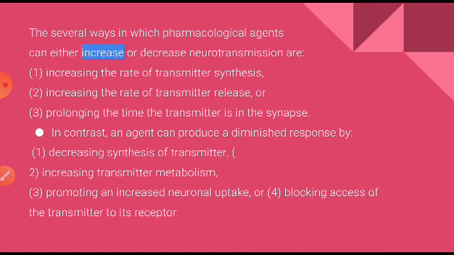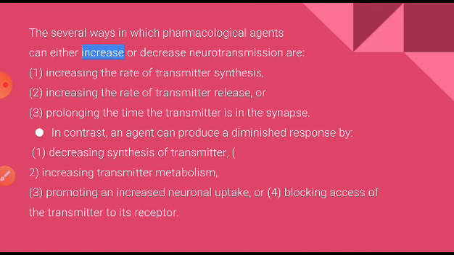Prolonging the time the transmitter is in the synapse, right? So they are acting on the attachment timing. So there are three ways. Either synthesis can be increased, release can be increased, binding can be increased, or any of these things in combination can also happen. Another is diminished responses, how they decrease the responses.